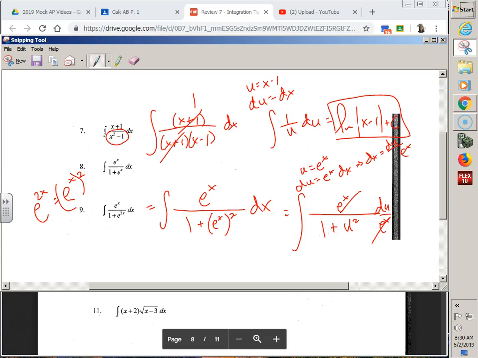What integration rule is 1 over 1 plus u squared? Arctan. So I'm going to do tangent inverse of u over a, and a squared is just 1. So u is e to the x, over a, plus c. Tricky, tricky, tricky. But did you see my brain taking it one step at a time? Try this.